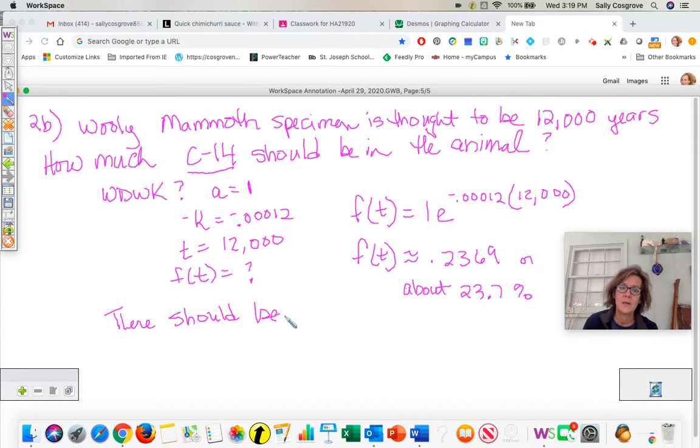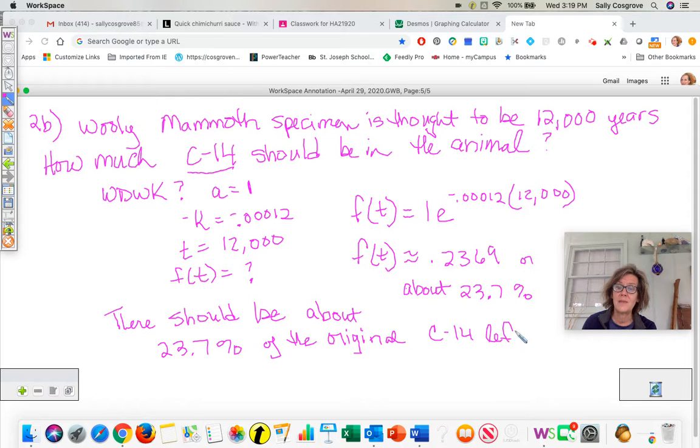So we can make a nice little sentence and say, there should be about 23.7% of the original carbon-14 left after 12,000 years.